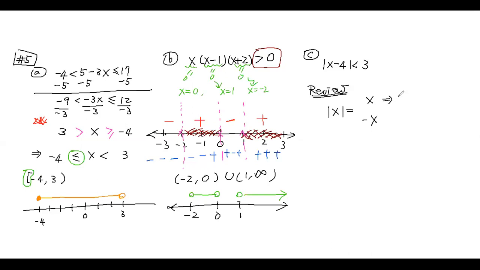This is the situation when x is greater than or equal to 0, and this is the situation when x is less than 0. So every time we deal with the absolute value, we always have 2 branches, like problem number 4, part G, that's how we break the absolute value.